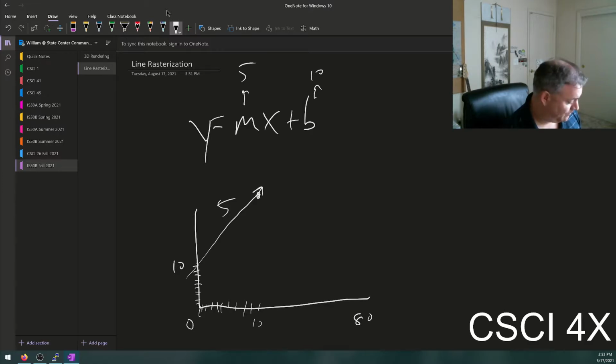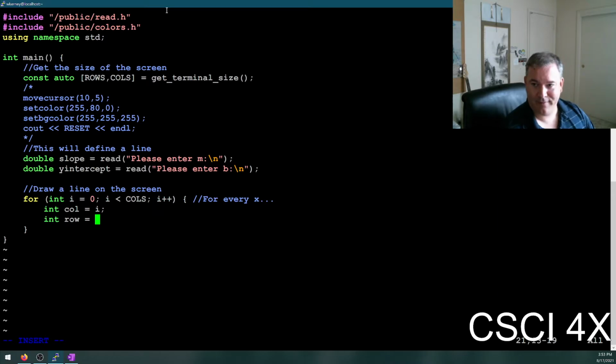And when x is 80, what is y? 410. It's going to be off the screen. So we have to make sure not to draw things off the screen, or the cursor actually goes crazy, because I think it will loop around if you don't do it right.